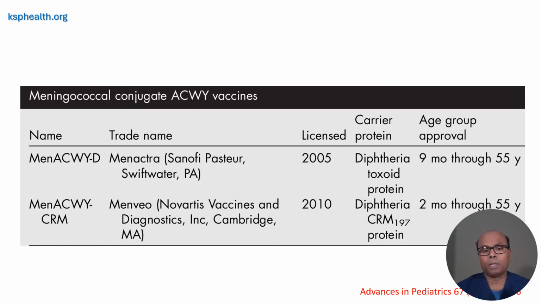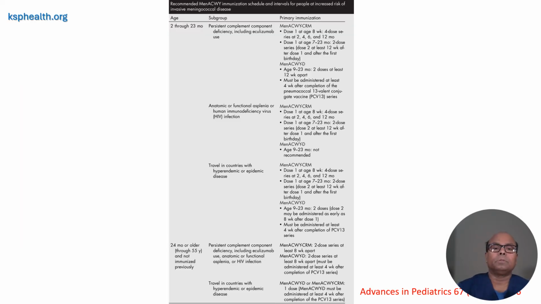Meningococcal vaccinations are available with the different serotypes. This Novartis vaccine is available for patients 2 months and above. And there are specific recommendations for different groups, like patients with complement deficiencies, patients with functional asplenia, and those who are traveling to endemic or epidemic areas.